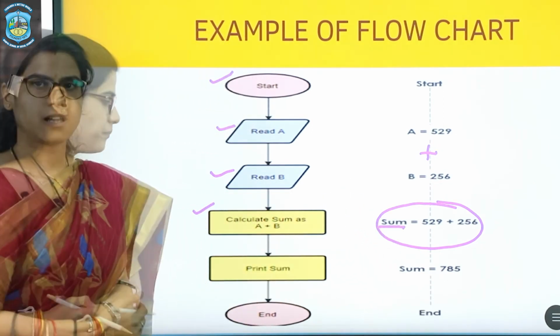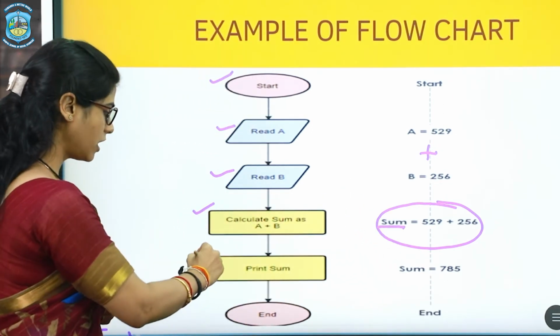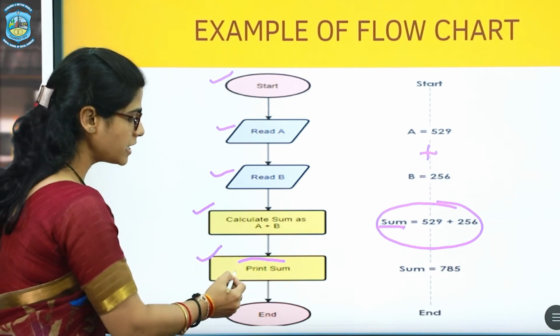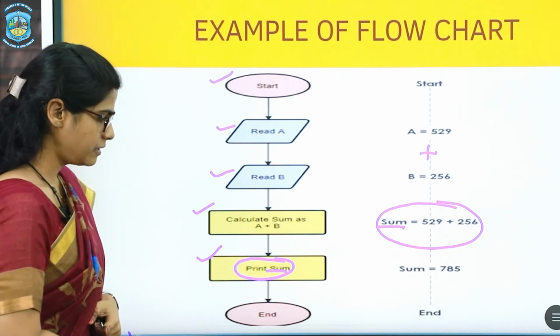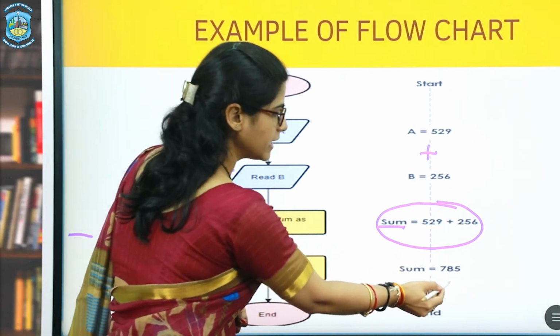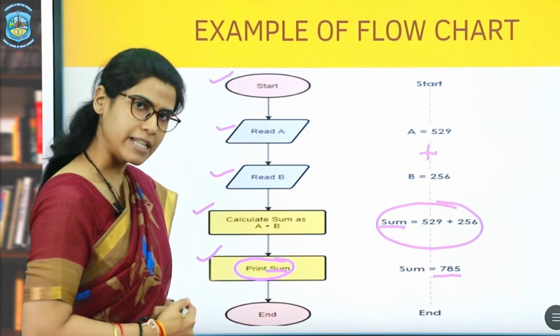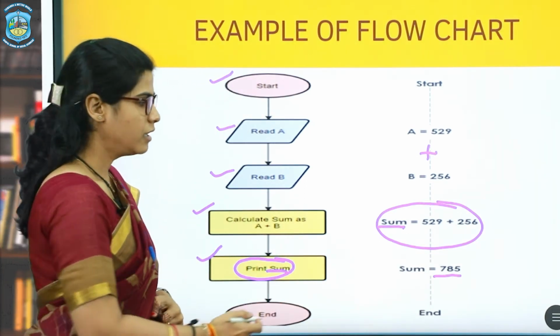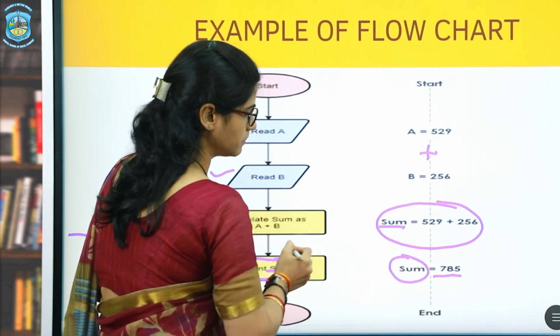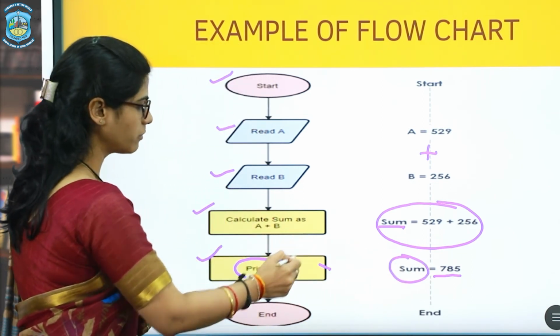which is going to be stored in the variable sum. With the help of this document box, we are going to print our output using this sum variable. Here we get the output, that is 785, which is represented with the variable sum inside the document box.